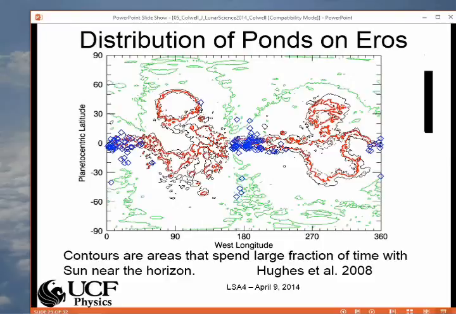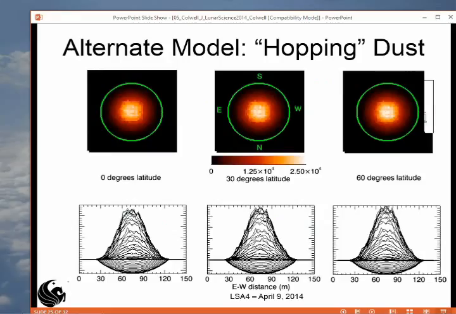Our three-dimensional modeling of dust transport on Eros, together with the distribution of where those ponds are on Eros, which are preferentially concentrated on the equator because of Eros's obliquity, has a very special orientation with the seasonal photoelectron sheath. We found that that's consistent with dust transport there.